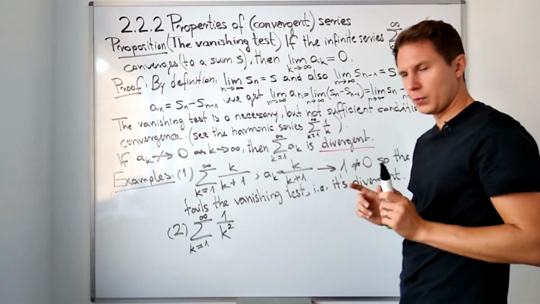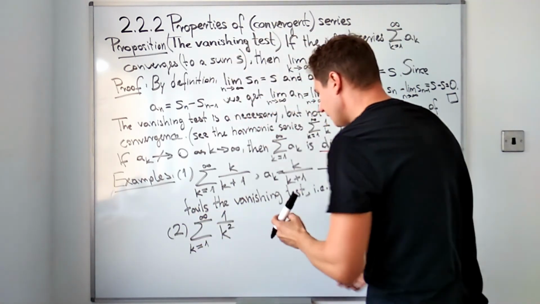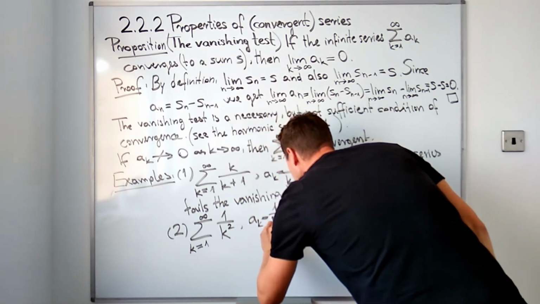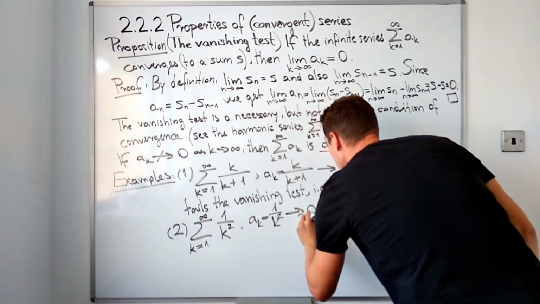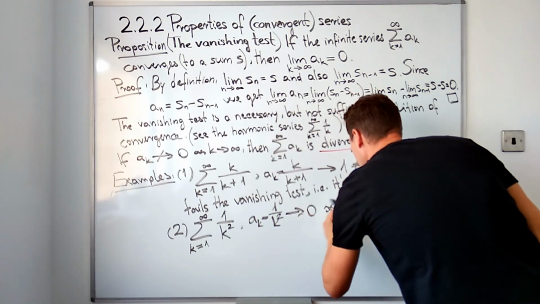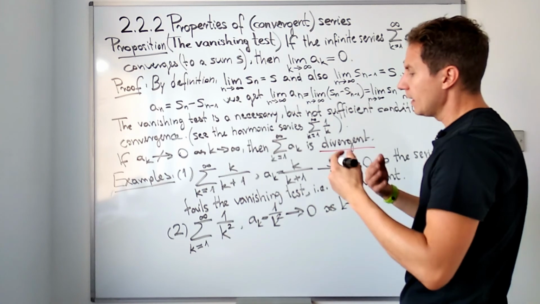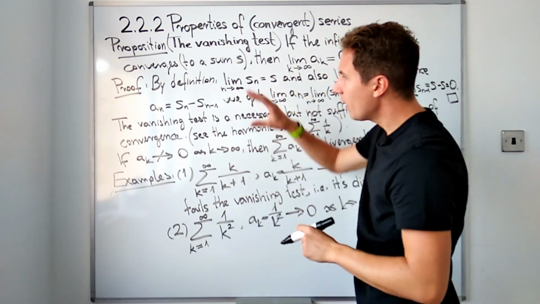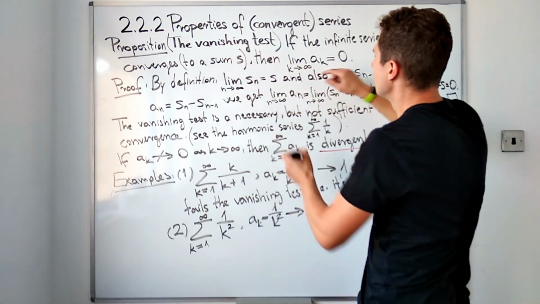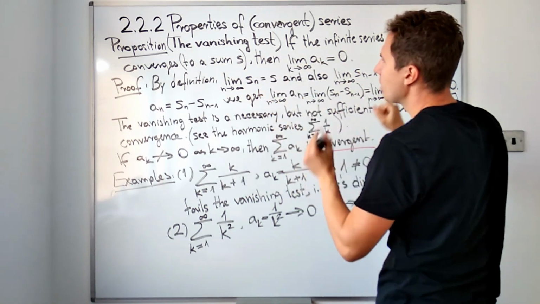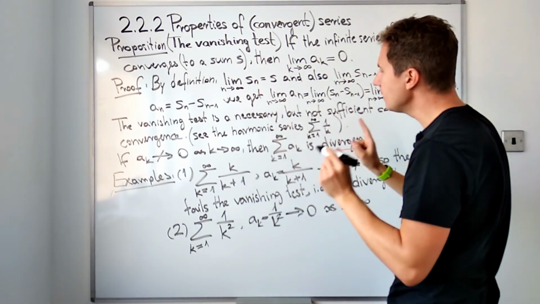I hope you paused it and found that now ak is equal to 1 over k squared, which does converge to 0 as k tends to infinity, meaning that this infinite series passes the vanishing test. It does satisfy this condition, but that does not mean that the series has to converge.